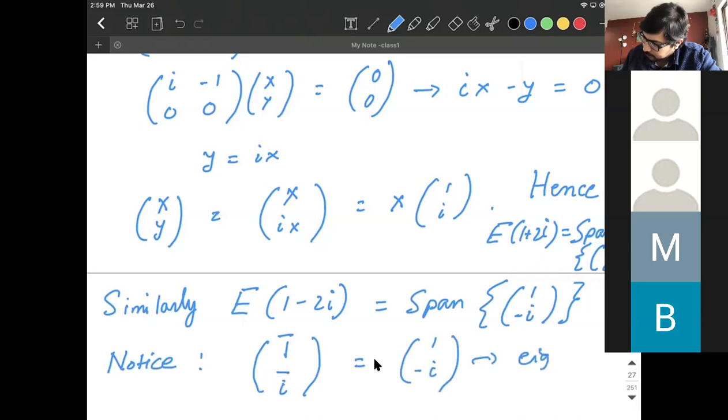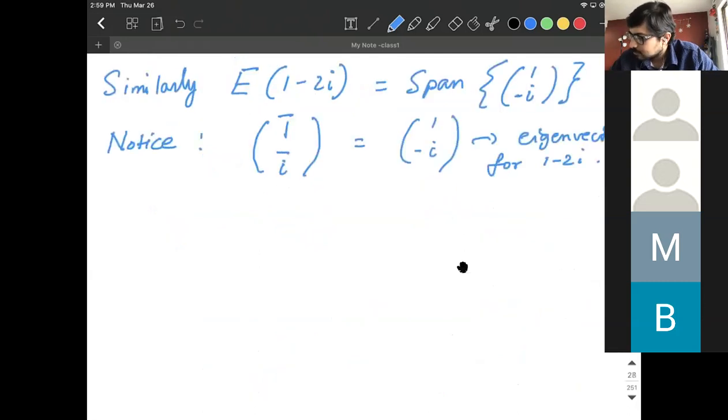So this is the eigenvector for 1 minus 2i. So the eigenvectors also occur in complex conjugates, in the sense that you take the complex conjugate on each component. And this again is not by accident. There is something going on, which is the following.